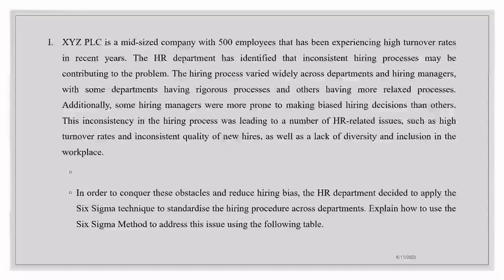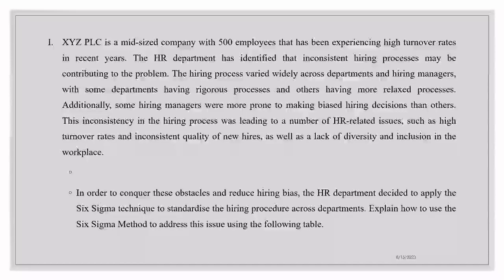Then you can see the entire organization process here, but they have done it right at the moment. What are they doing? The HR department has identified that the inconsistent hiring process may be contributing to that problem.